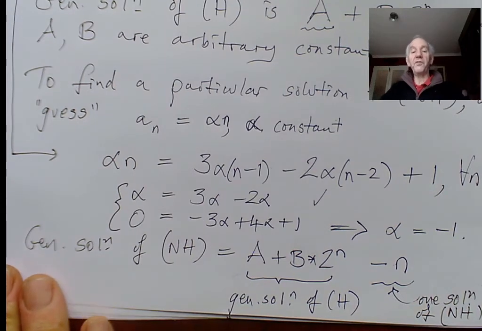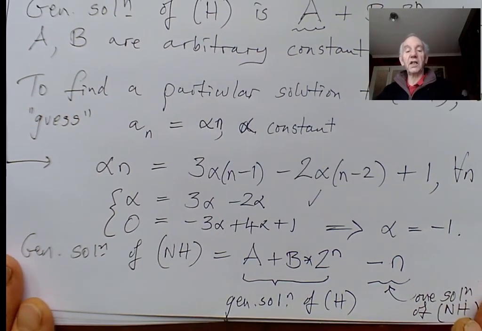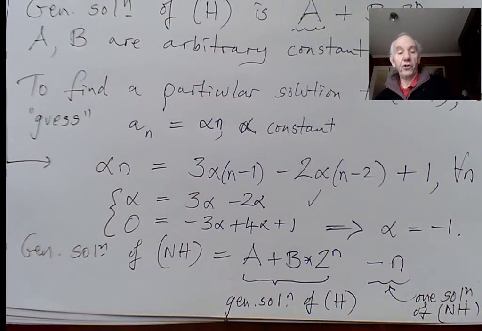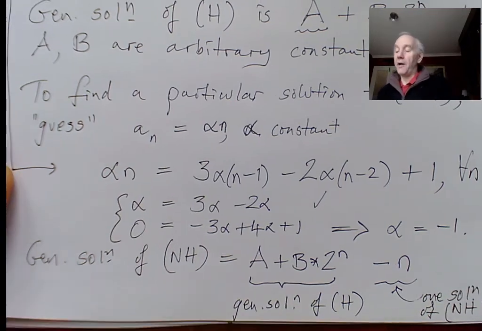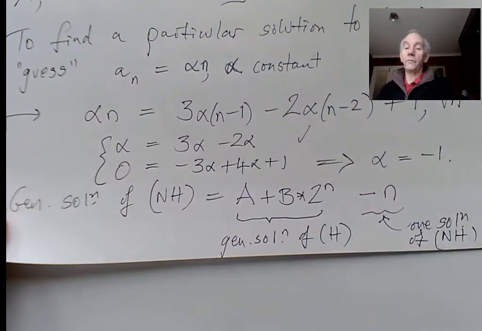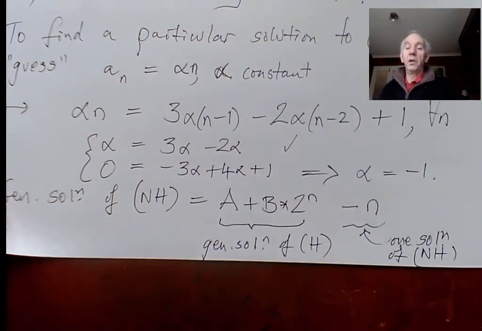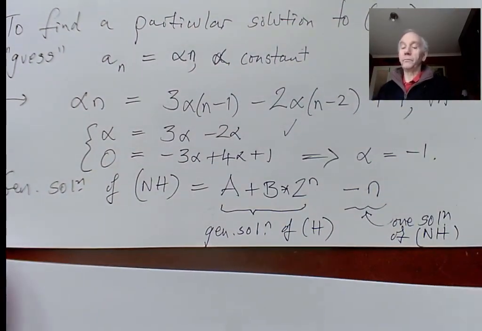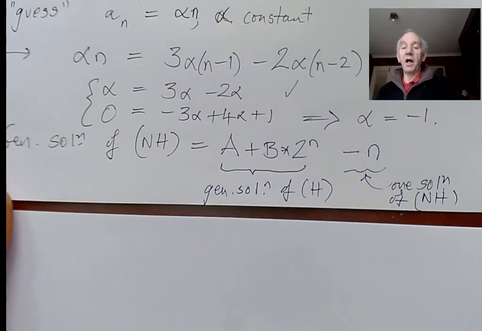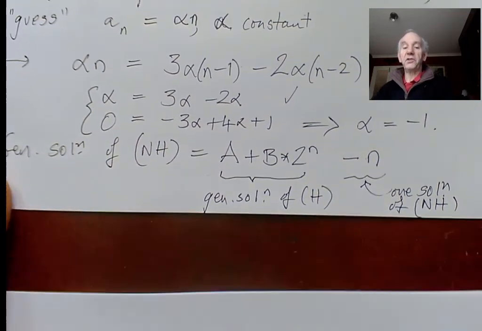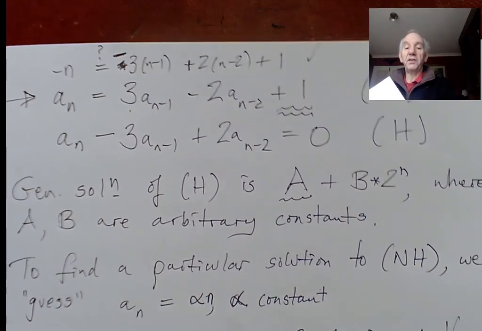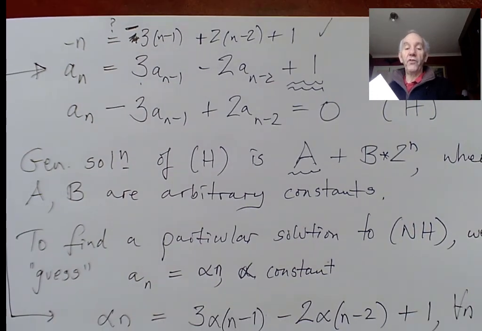Now we've almost finished our example. We just have to satisfy the initial conditions. Let's go back and see what we've done. The first step was to solve the homogeneous equation.